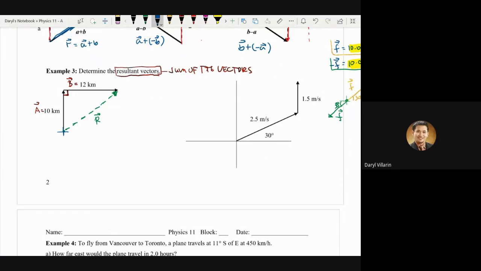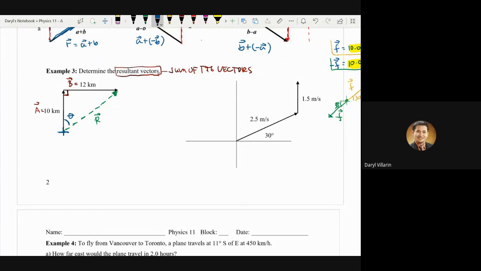So the direction of your resultant vector R should not be placed here. It should be based from the tail of your resultant vector. So I can use this angle here as my theta.